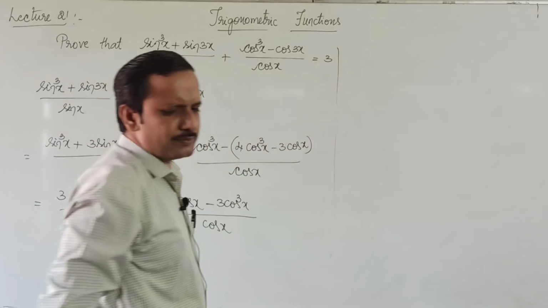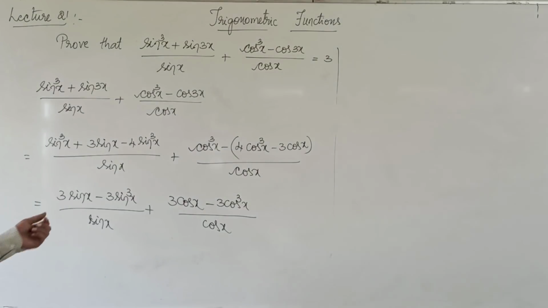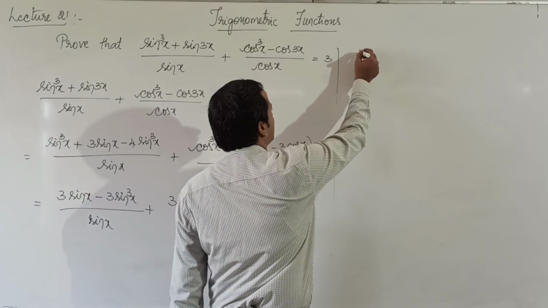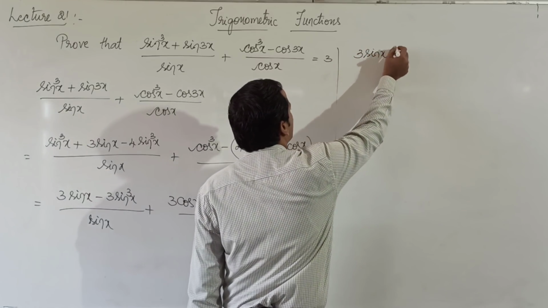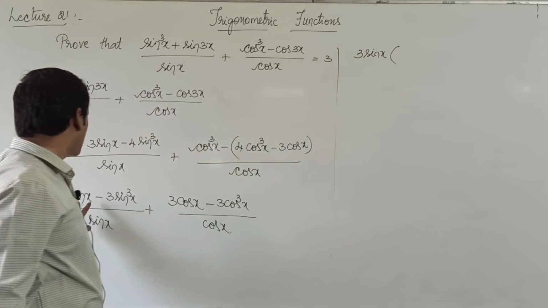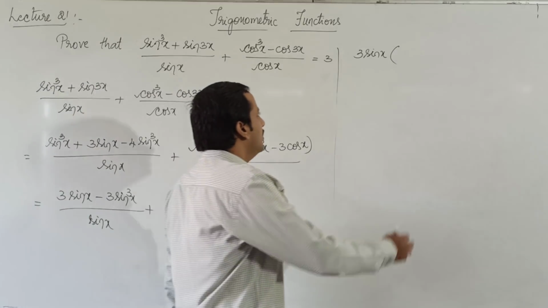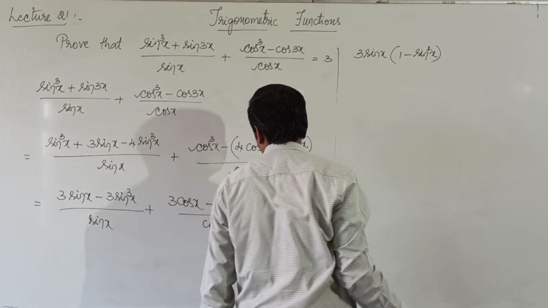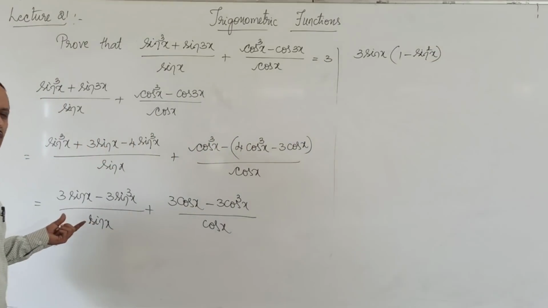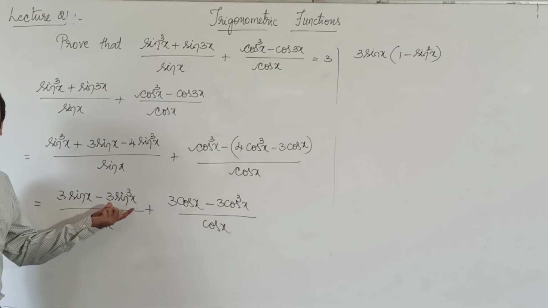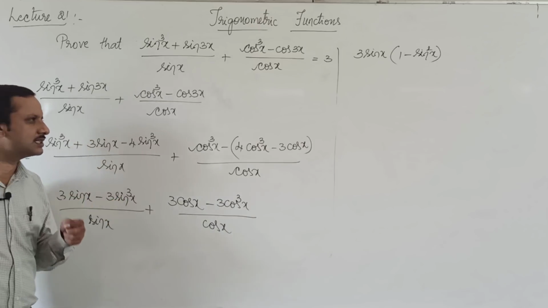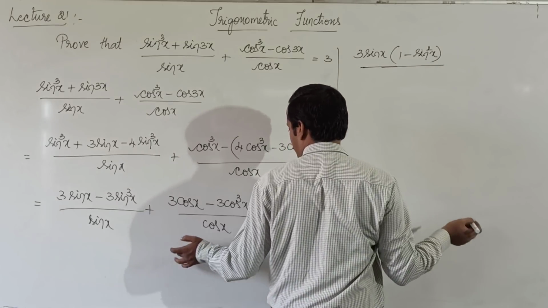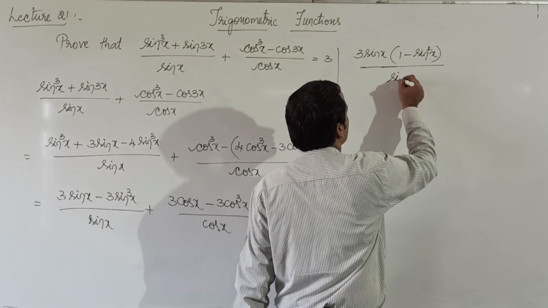Next, in the first two terms you observe 3 sin x minus 3 sin cube x. I will take 3 sin x as common. If I take 3 sin x as common, 1 minus sin square x will remain. In the denominator you have sin x.